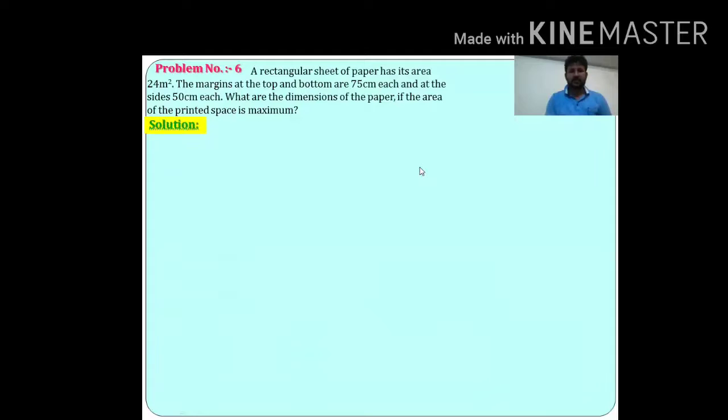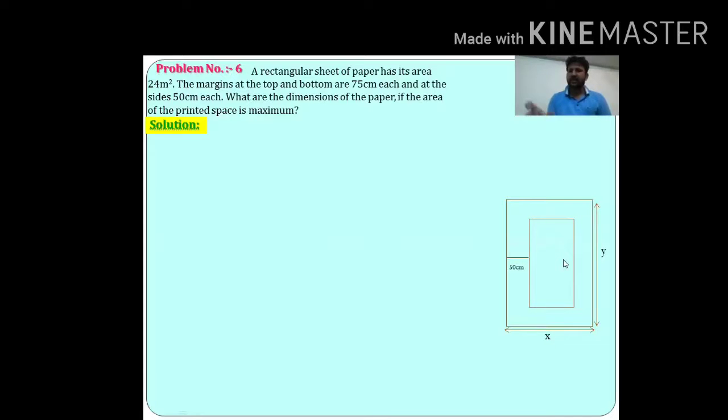Let us see. For the rectangular sheet of paper, the dimensions are taken as length and breadth, x and y. For this paper, the printed space is selected with the condition of margins at top and bottom and also at the sides.